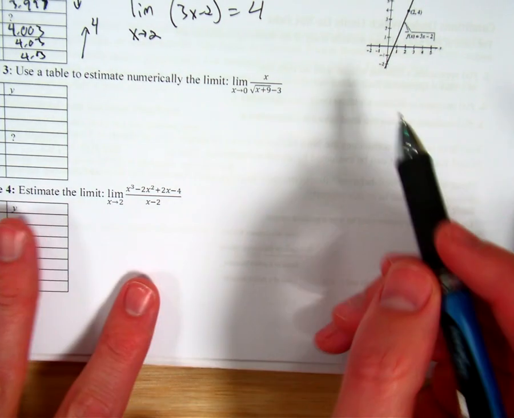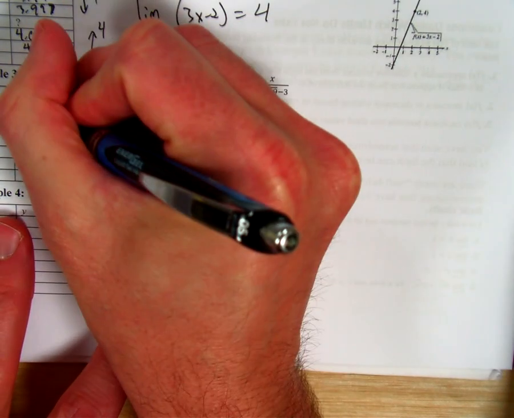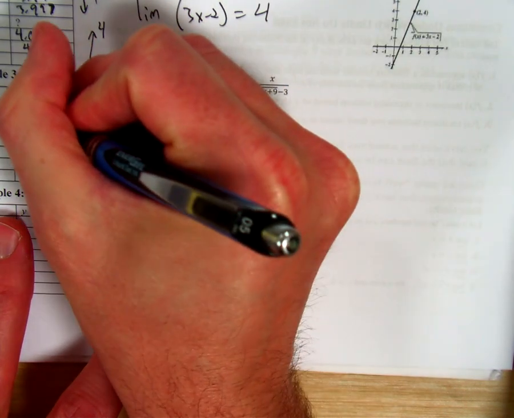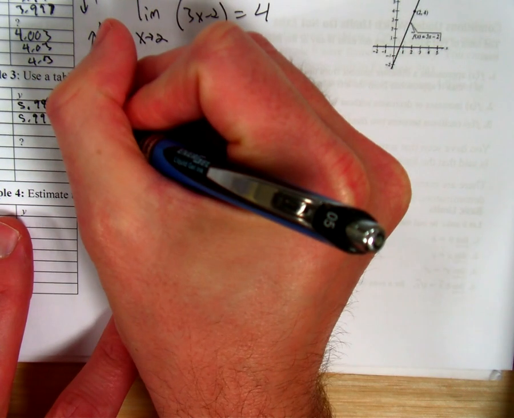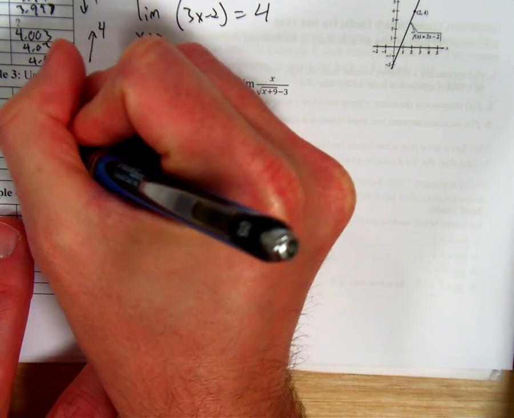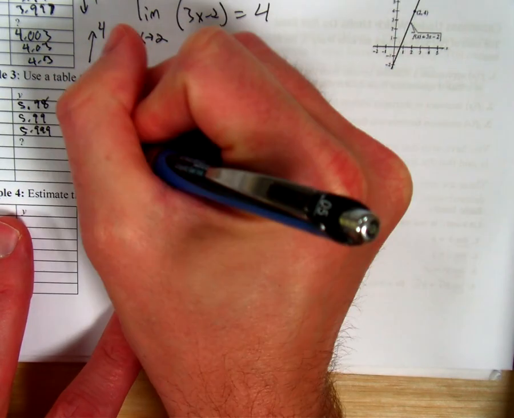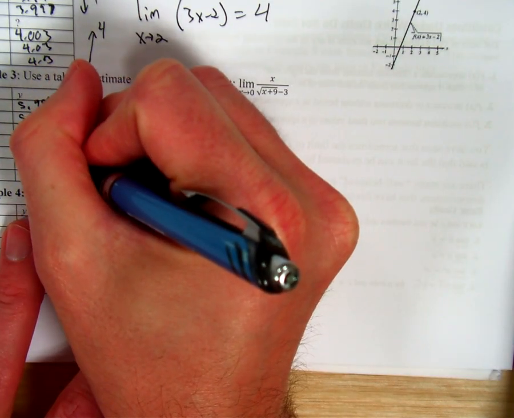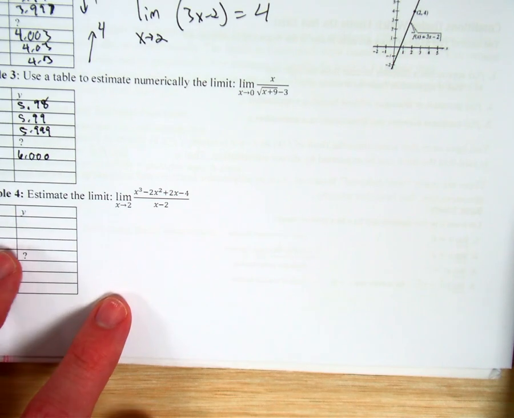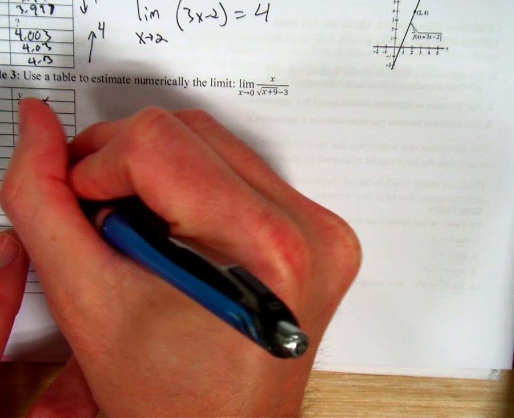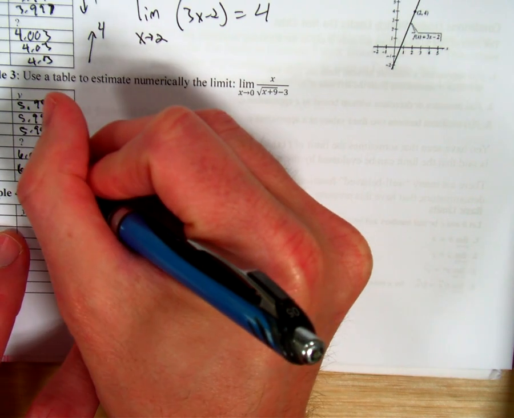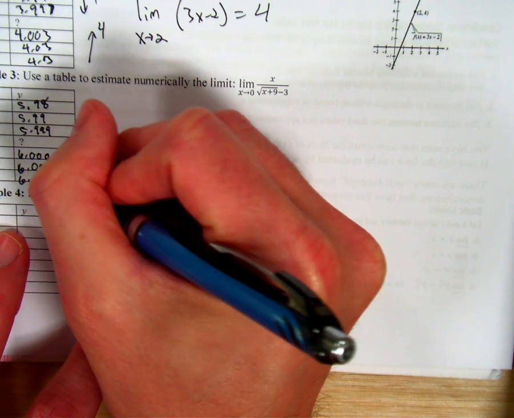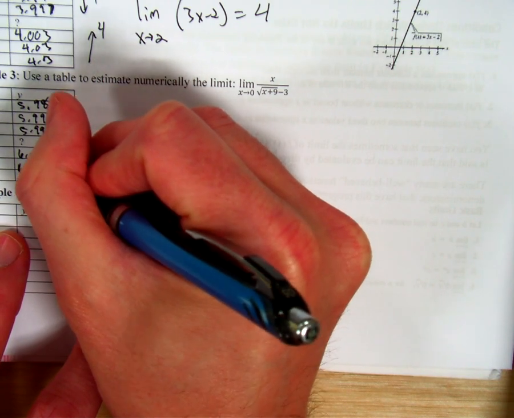We should be getting 5.98, 5.99, 5.999, and then on the other side you would have 6.000, 6.001, 6.017.